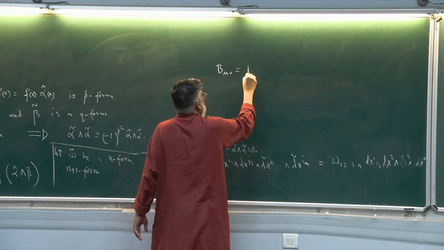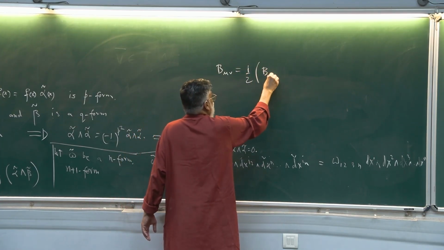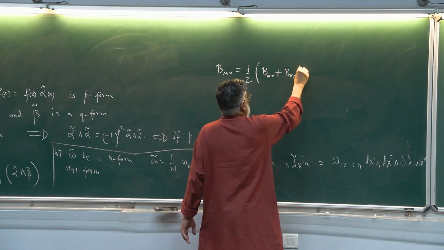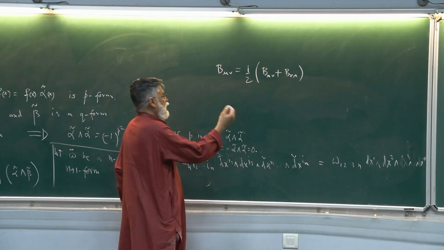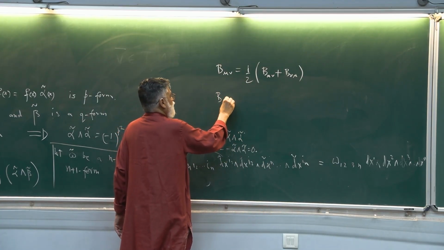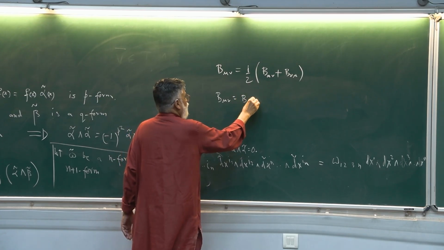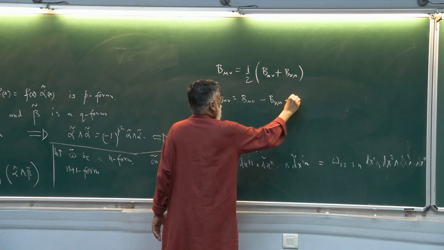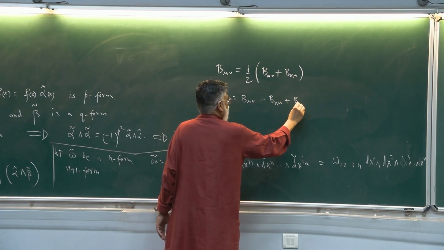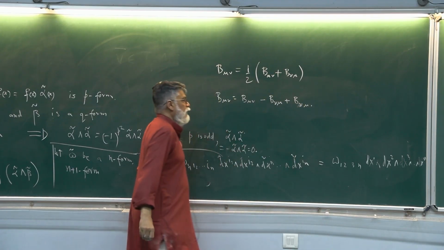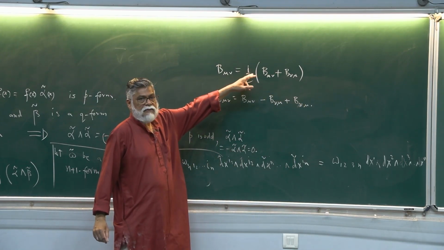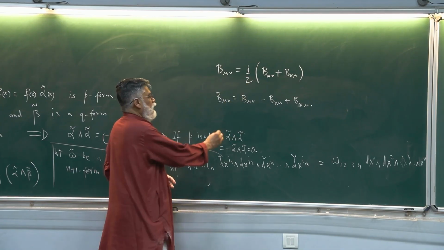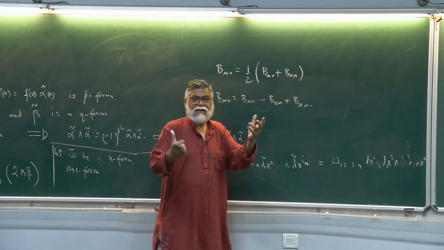B mu nu can always be written as B mu nu plus B nu mu, or there's another way of writing it. I can write it as B mu nu minus B nu mu plus B nu mu, one symmetric part and the other antisymmetric.